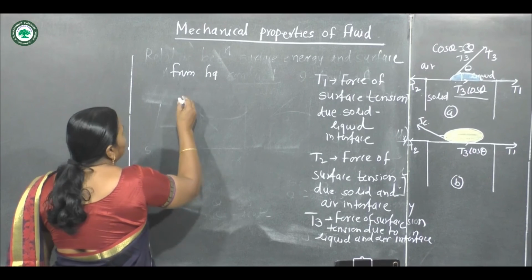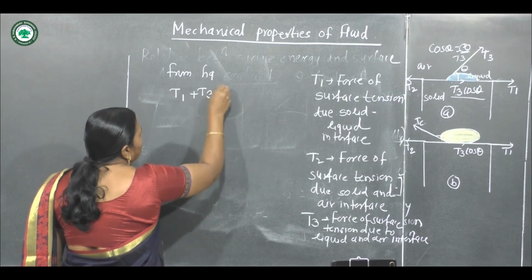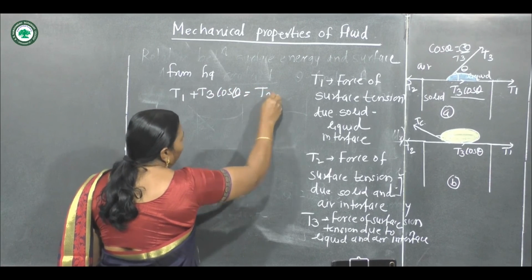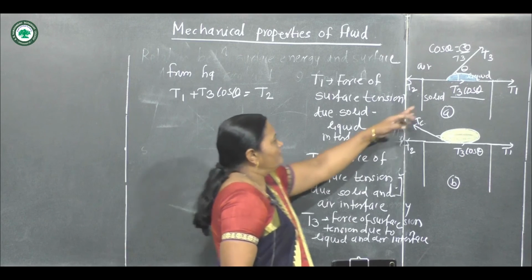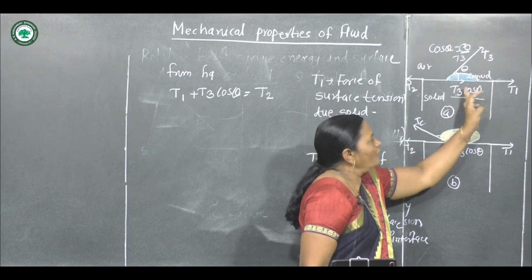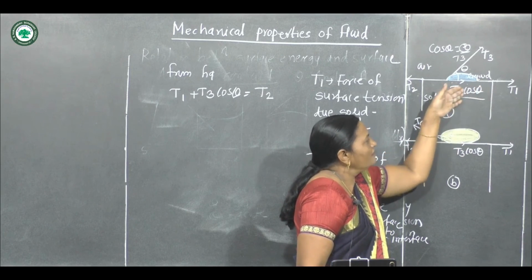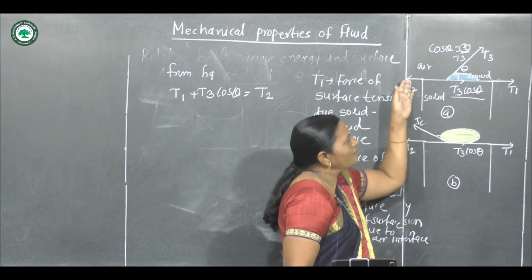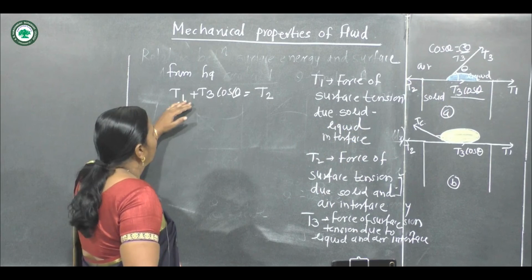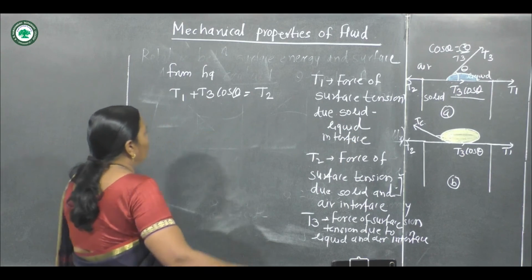From the figure we can write T1 plus T3 cos theta is equal to T2. Why is this so? See, the directions of these forces are the same, along T1. These are towards the same direction. This is towards the opposite direction. Therefore, from the figure we can write T1 plus T3 cos theta is equal to T2.